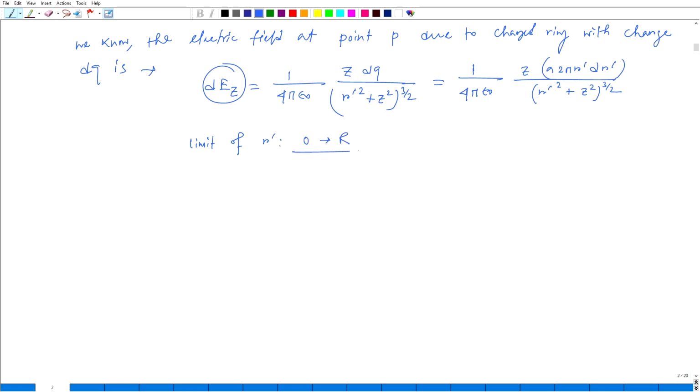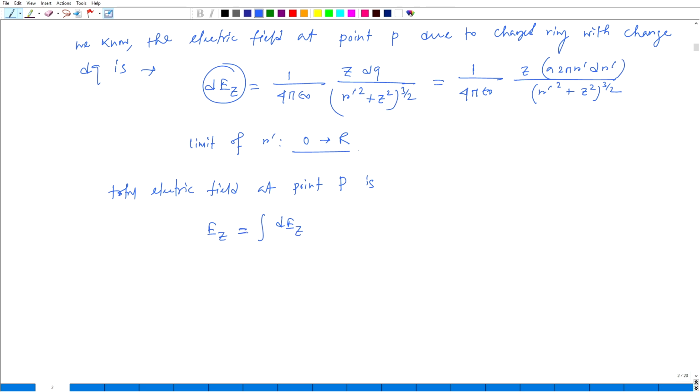Therefore, the electric field at P, we integrate over r prime. So, the total electric field at point P is Ez, the integral over dEz.